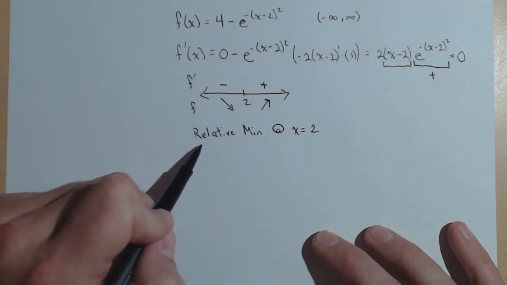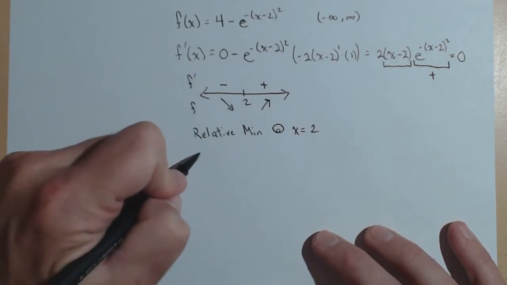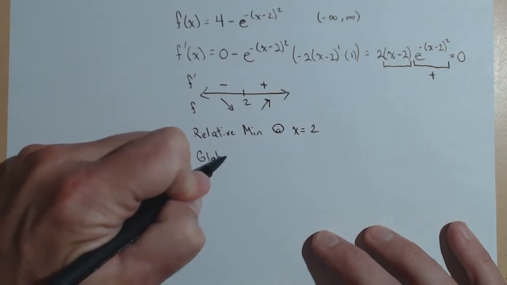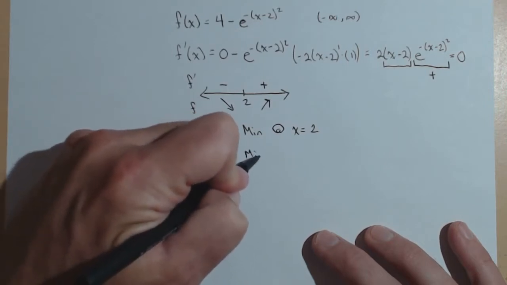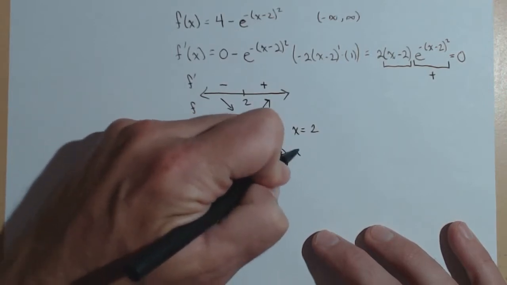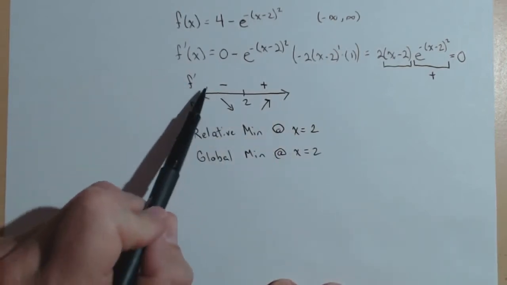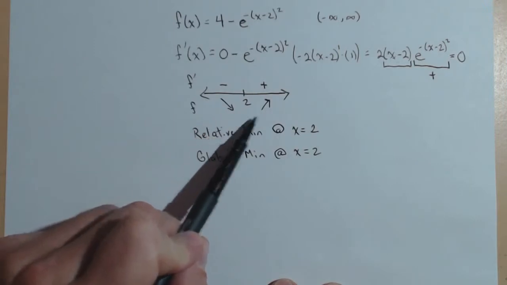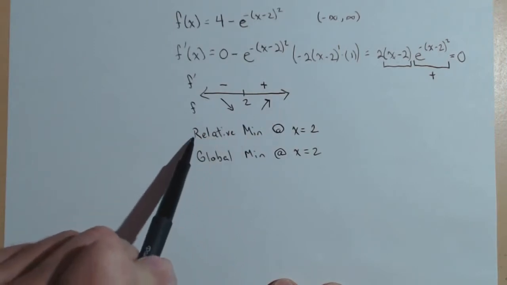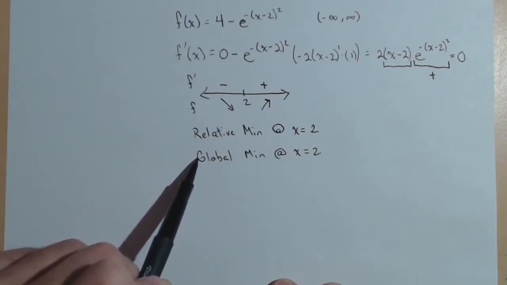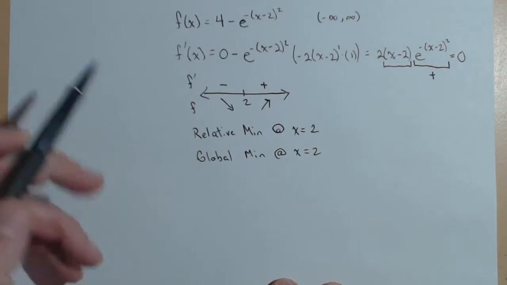So not only do we have a relative min at x equals 2, we're going to have a global min at x equals 2. We'll look at the graph here in a second, but because it's always decreasing to 2 and then increasing afterwards, we know not only is it a relative min, but it's going to be a global min.